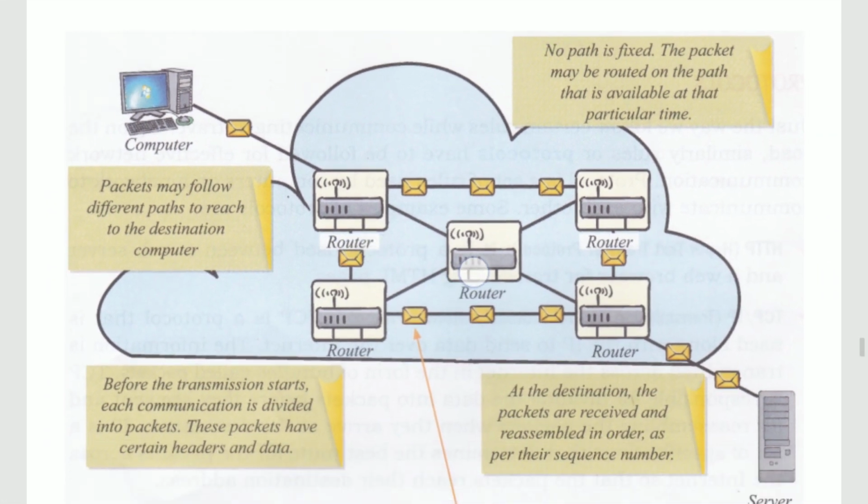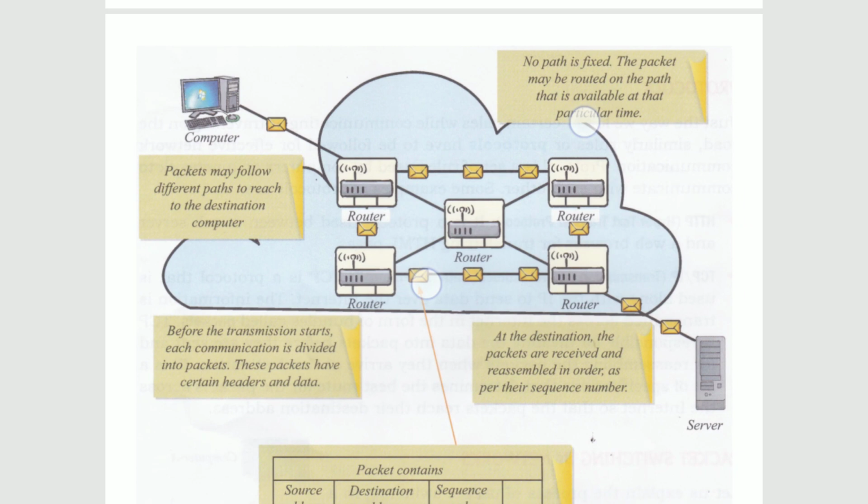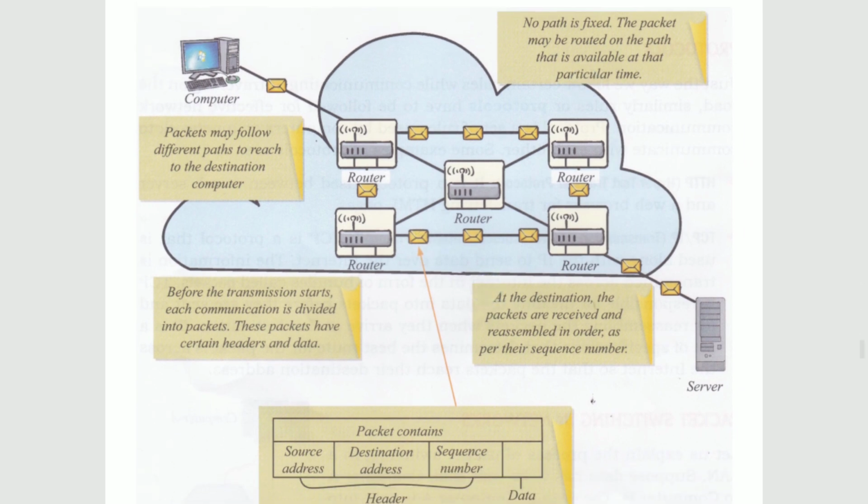Now see this figure and try to understand this. When packets have to be sent to a computer on a different network, they pass through a number of routers. Every packet is numbered. Packets may follow different paths to reach the destination.